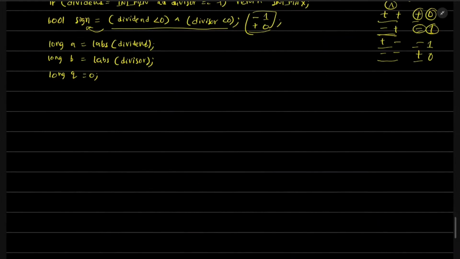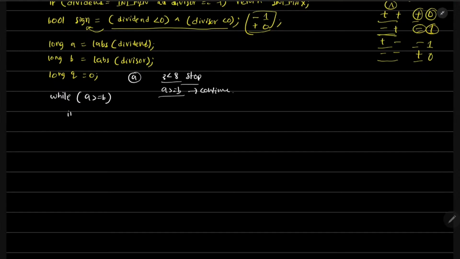Let's say I will iterate until I'm changing the a value, right? So I will iterate until a is greater than or equal to b. If 3 is less than 8, then only we stop it, right? So until a is greater than or equal to b, we continue it, right? That's how it happens.